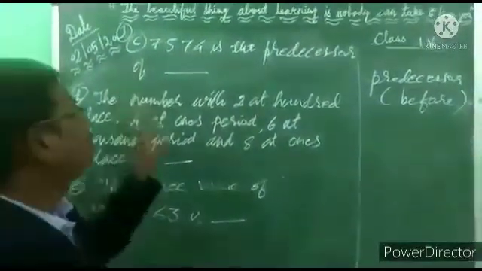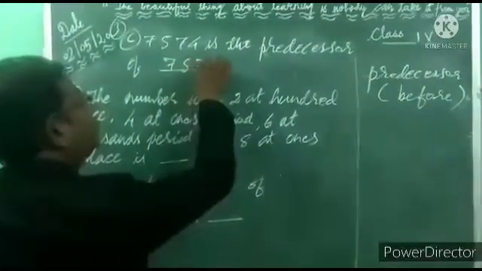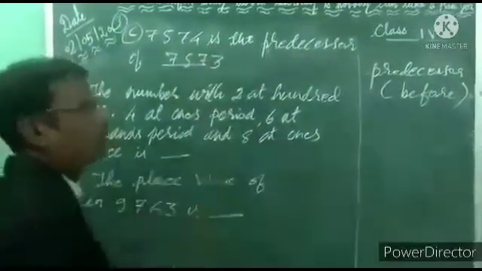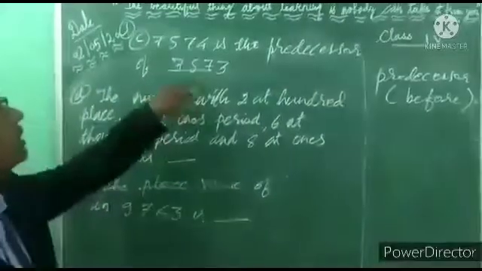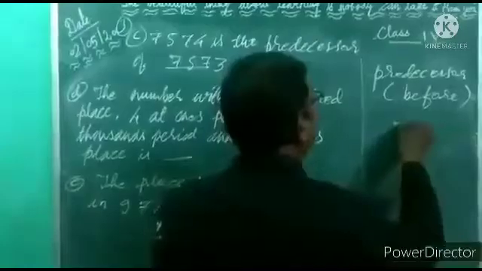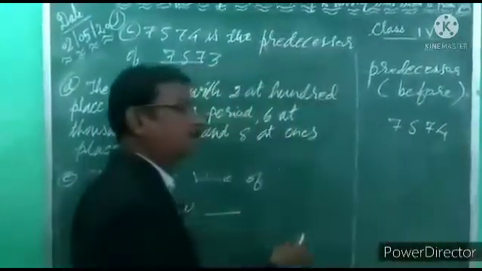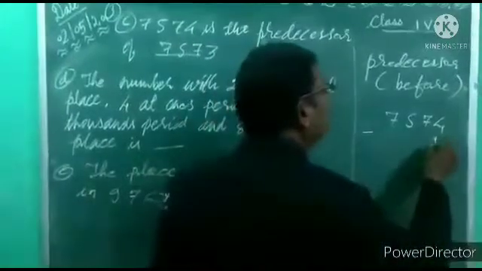Before number means 7,573. This is the predecessor of 7,574. In other words, predecessor always means do minus 1.